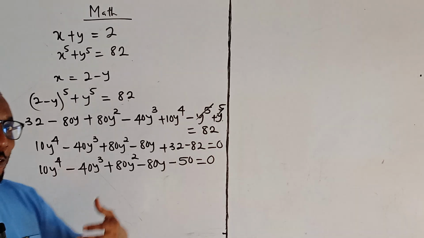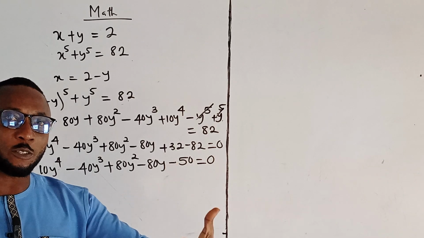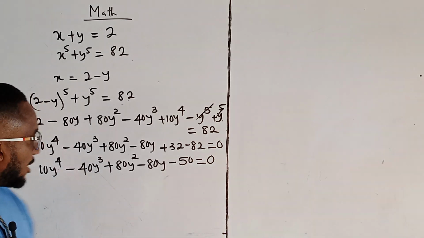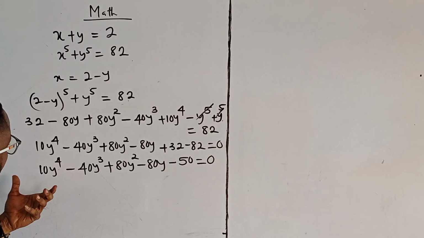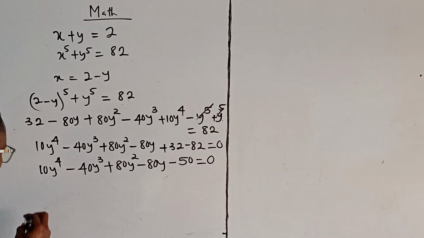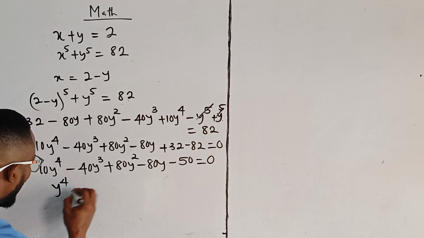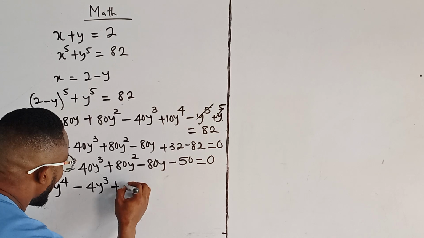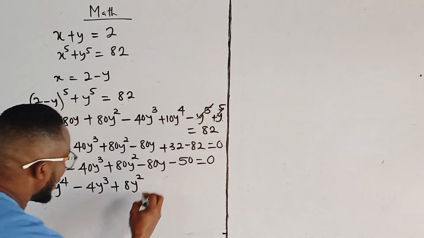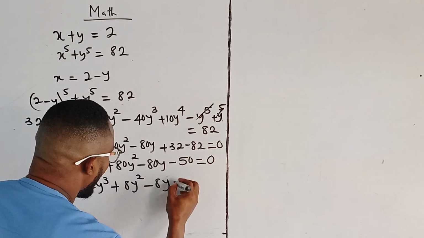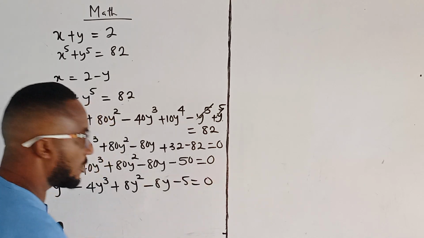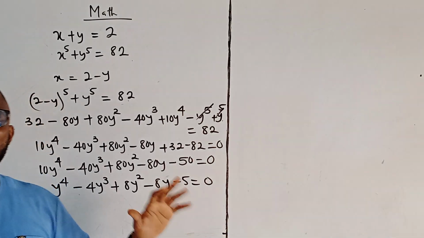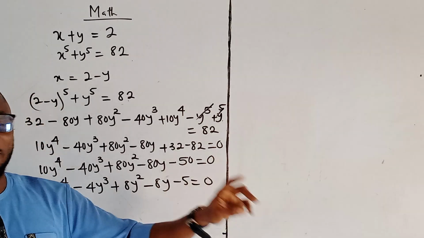Then I want to see if I'm going to have rational roots. First and foremost, I will divide through by 10. That would then be y to the fourth minus 4y cubed plus 8y squared minus 8y minus 5 equals 0. Here, 5 is a prime number. It only has 2 factors, 1 and 5.